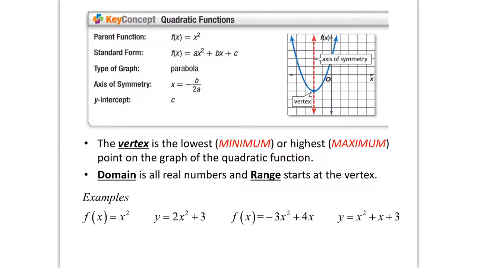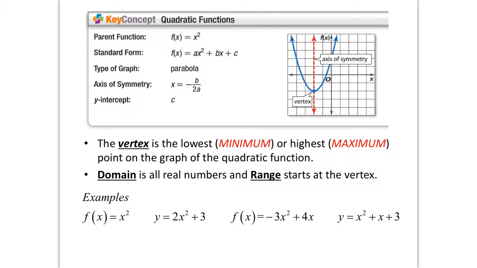Some examples of how the equation looks like. I have some down here on the screen. This is the parent function, f of x equals x squared. So you guys can have just an x with the squared. That's one example of a parabola. You guys can have y equals 2x squared plus 3. So you guys look at the standard form. You can be missing the bx term in the middle. So that's another example.